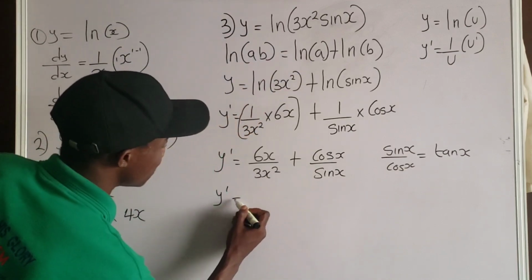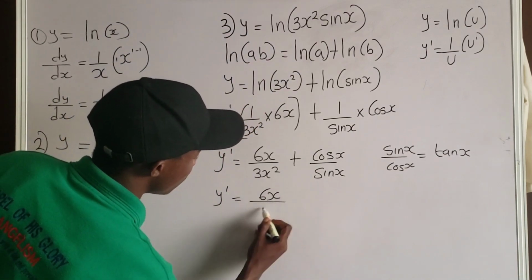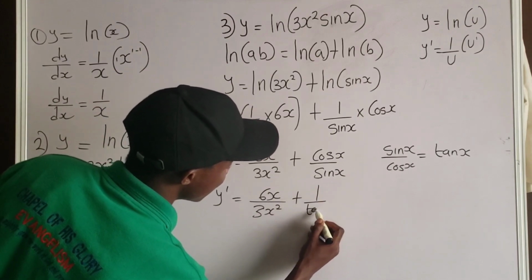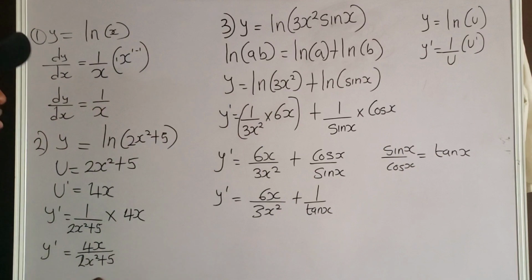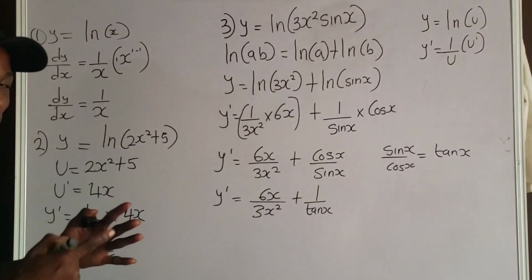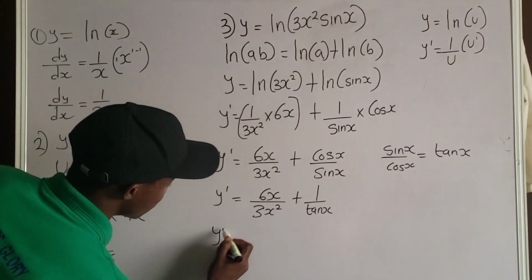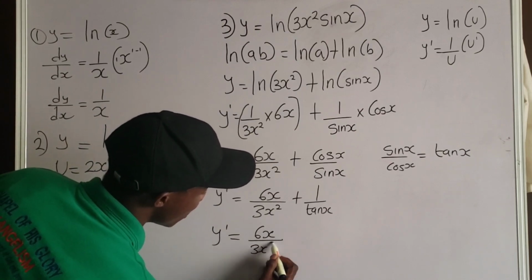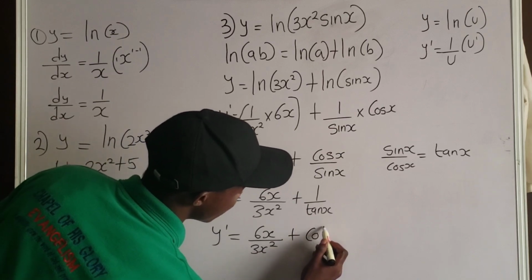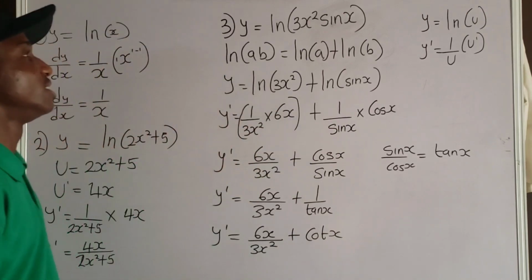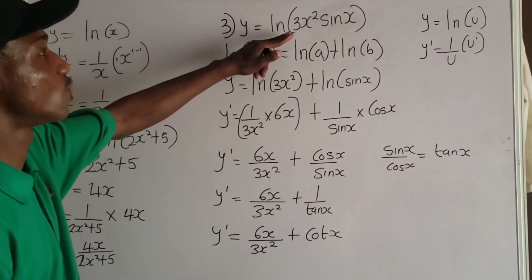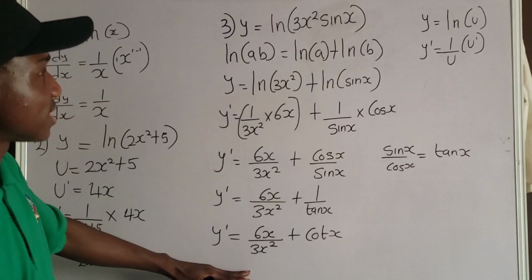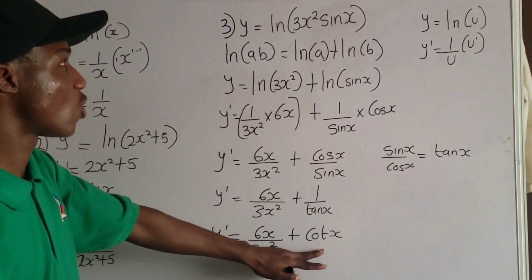So the derivative of y is equal to 6x over 3x squared plus 1 over tan x. And 1 over tan x is also the same thing as cot x, that is, cotangent x. So the derivative of y is 6x over 3x squared plus cot x. You understand? So the derivative of y equals the natural log of the product of 3x squared and sine x is 6x over 3x squared plus cot x. Thank you.